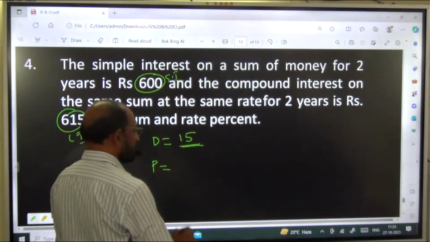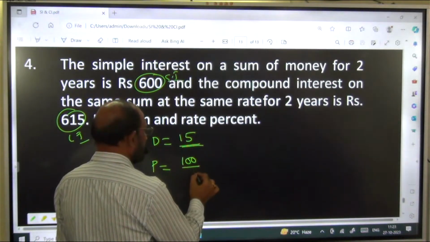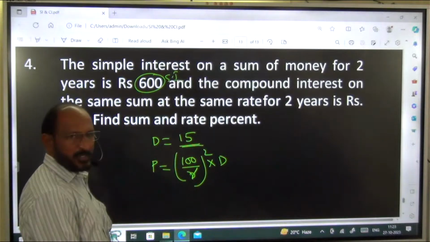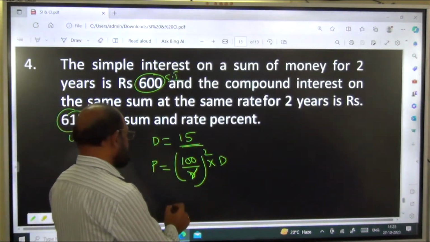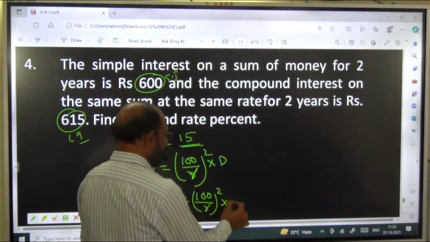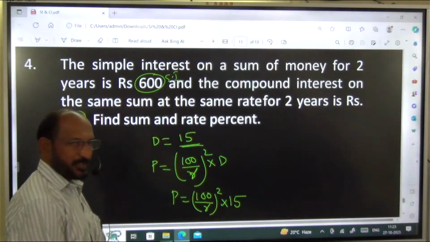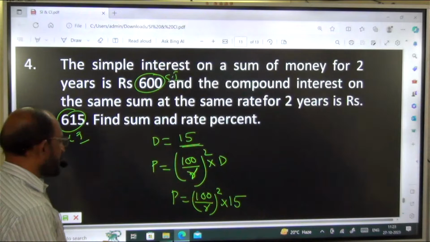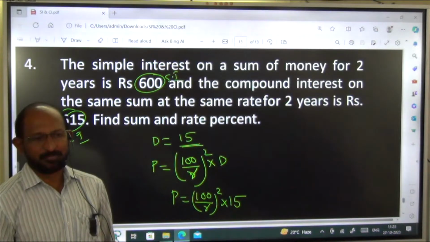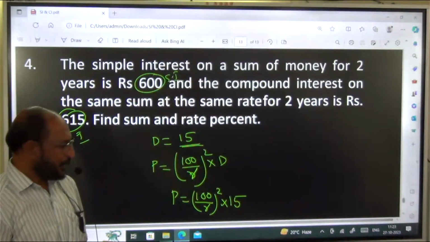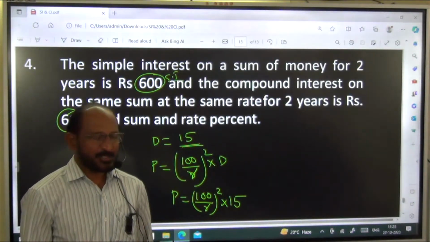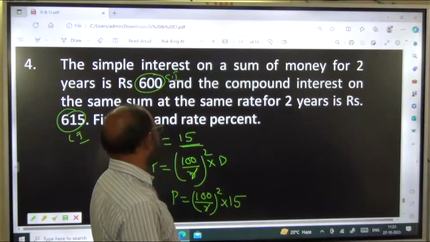Principal, how to find out? 100 into 100 by R whole square into D. The principal is equal to 100 by R into D, that is 15. So principal is 100 whole square by R into 15. Anyhow, R we have to find out.